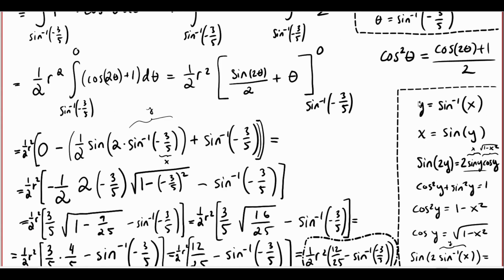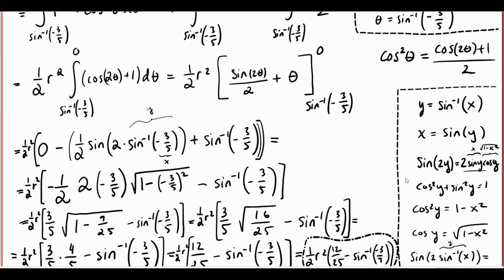We can say that we have the expression y equals sine, the arc sine of x. Then we know that x equals the sine of y. And then we have a formula for sine of a double angle, which is the same as 2 sine y times cosine y.